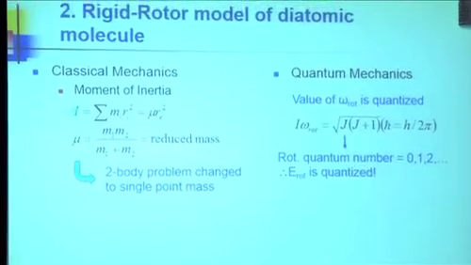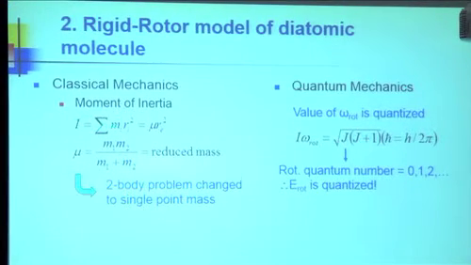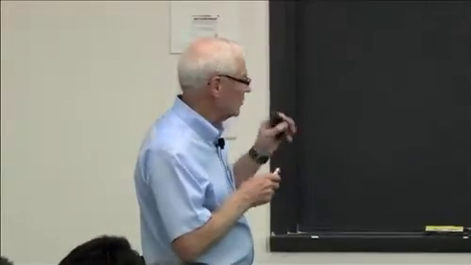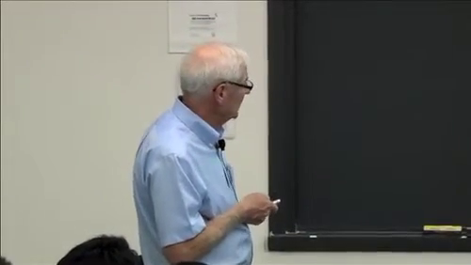Moment of inertia about the center of mass is the summation of m_i r_i squared, which can be written as mu R_e squared if you insert this definition of the reduced mass. So if you define mu as m1 m2 over the sum, this moment of inertia about the B axis is mu R_e squared. That's called converting a 2-body problem to a 1-body problem. There's now just one body, the reduced mass.